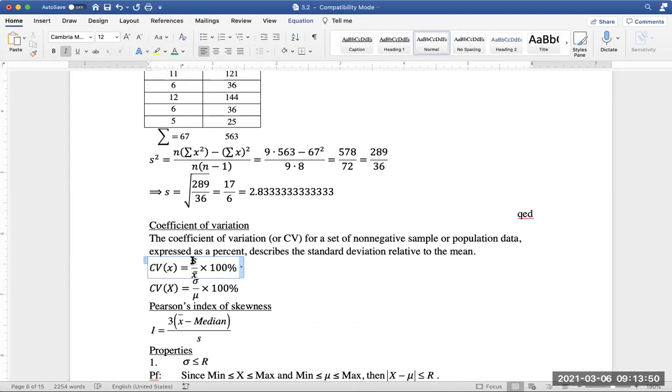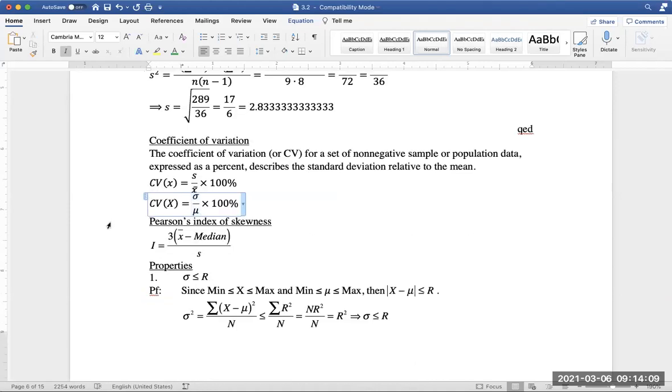So the sample standard deviation over the sample mean times 100%, or if you're doing it for a population, it's the population standard deviation divided by the population mean times 100%. So sigma over mu written as a percent.